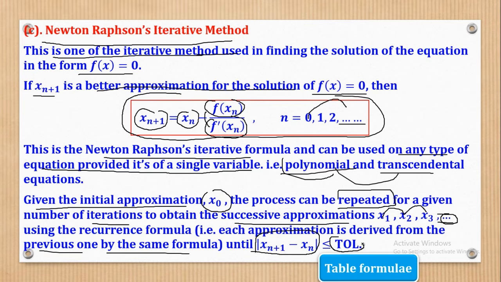So this tol means tolerance, and the formula for tolerance is the same as the formula for error in a single term, so it will be equal to 0.5 times 10 to power negative n, where n is the number of decimal places. But because we have used already n here, we shall not use n, we can use k or any symbol to mean the number of decimal places.